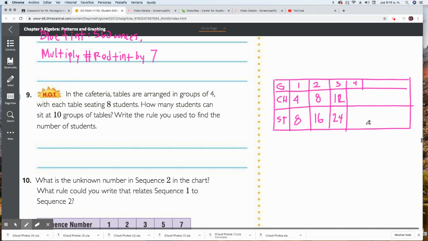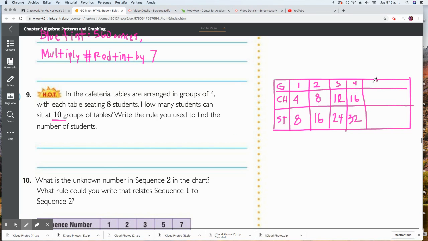Now this line right here is going by 4s, so 12 plus 4 is 16. This line right here is going by 8s, so 24 plus 8 equals 32. Okay, 32, right? And we need to find 10 groups of tables.